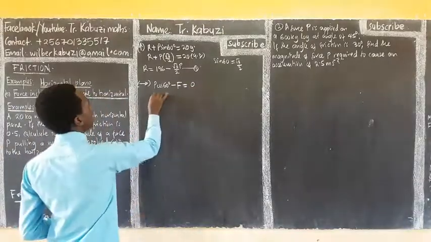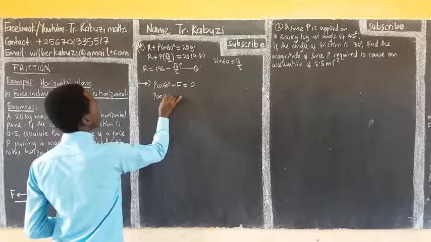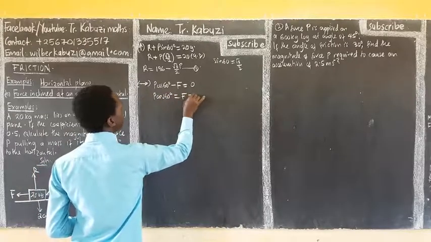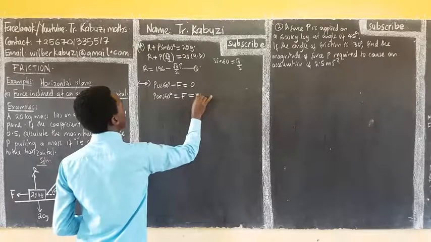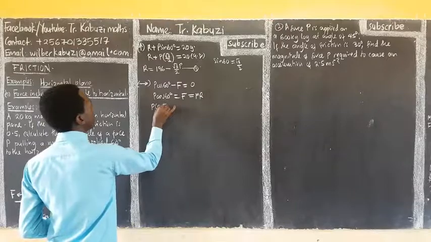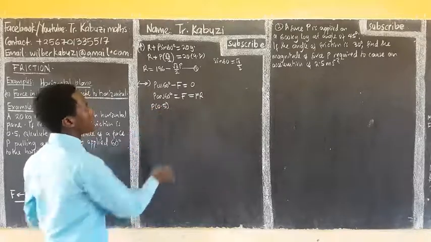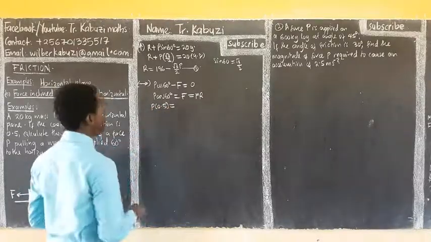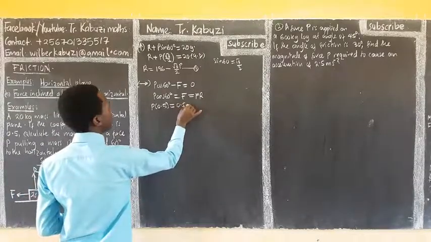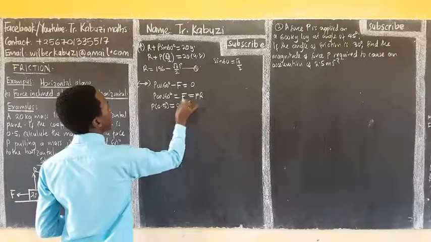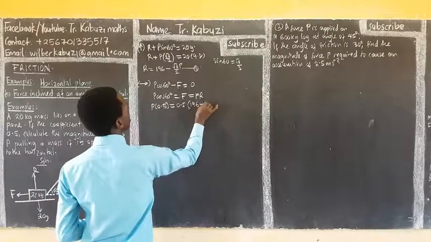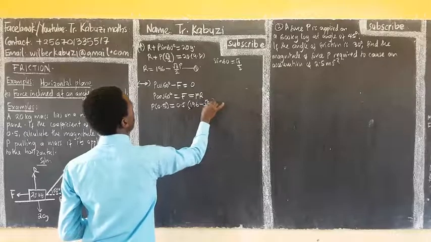So P cos 60 degrees is equal to F. But remember, F is equal to mu R. So P into 0.5, cos 60, is equal to mu, which is 0.5, into R, which is 196 minus root 3 over 2 P.